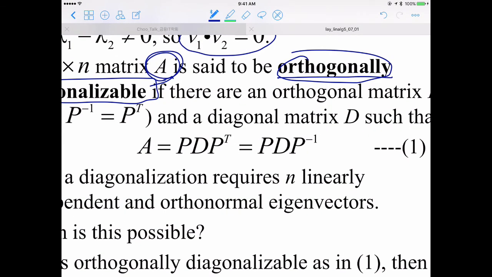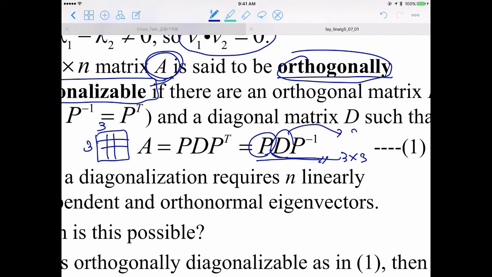If your matrix is diagonalizable, then it has an eigendecomposition. For a 3 by 3 matrix, we are still talking about square matrices only, because that's when we can talk about eigendecomposition. Then matrix P is also 3 by 3, D is 3 by 3, D is a diagonal matrix, and P is an invertible matrix.